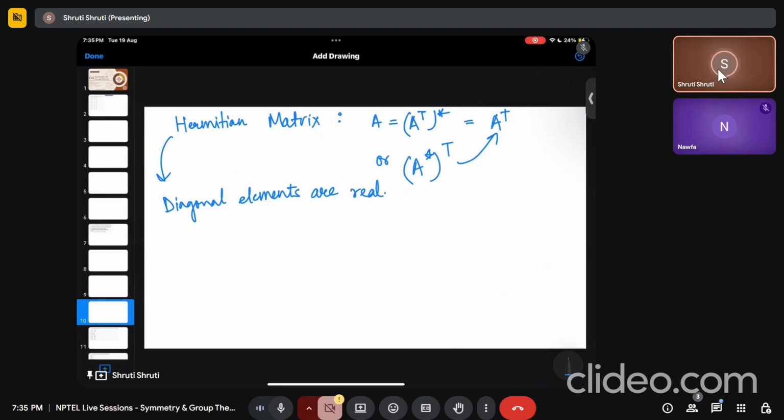It cannot be imaginary. Suppose you want to know the kinetic energy of a gas, that kinetic energy cannot be an imaginary number, right? It has to be real. So that's why these operators are Hermitian operators, because their diagonal elements, which also give the eigenvalues, are real.